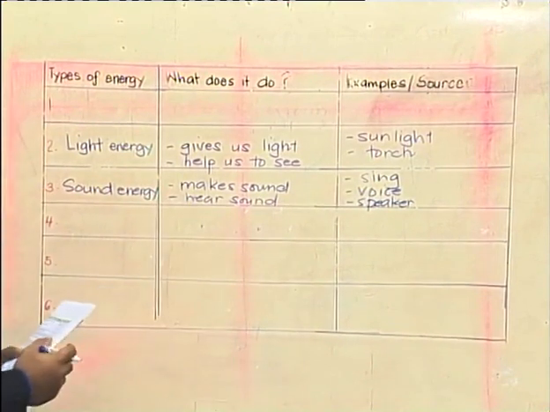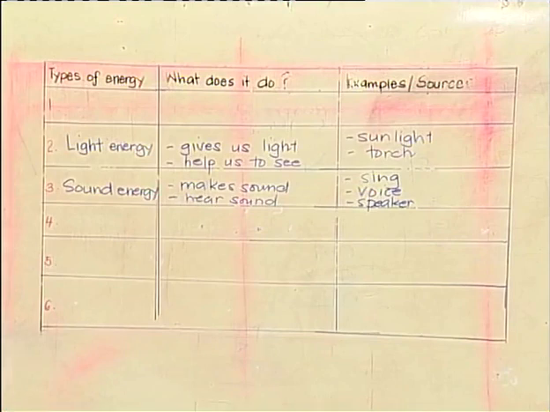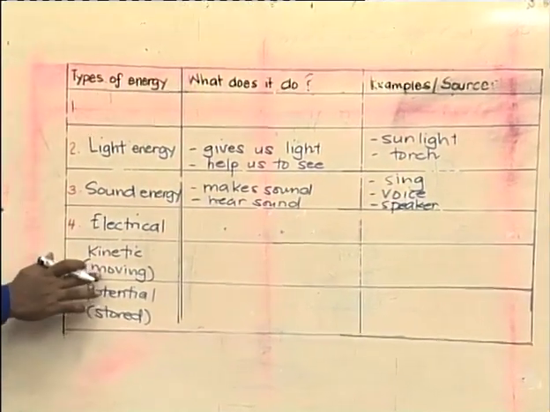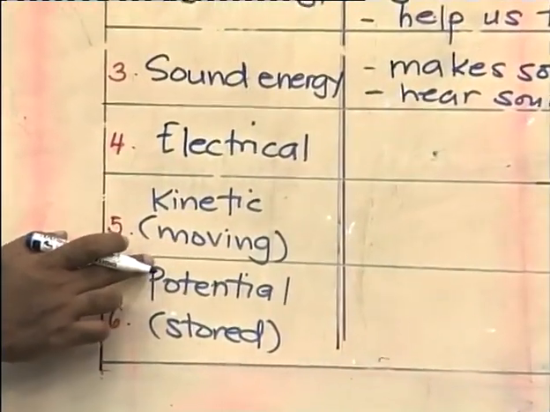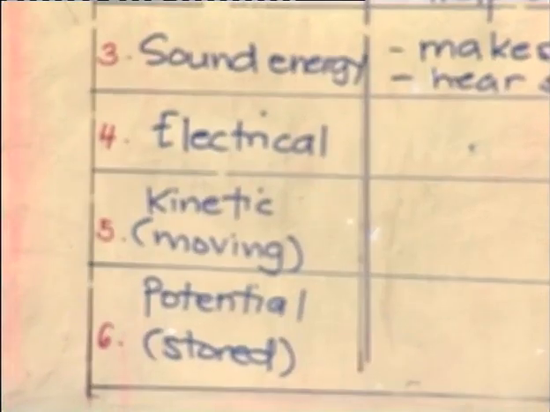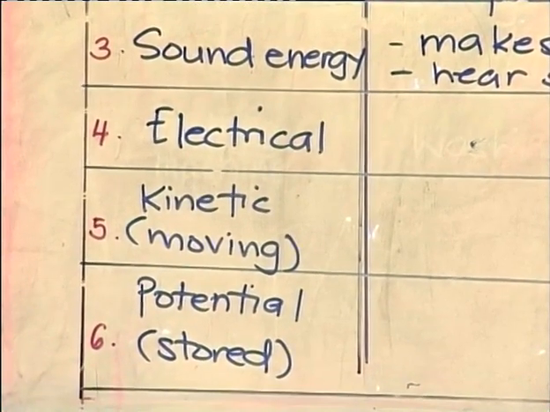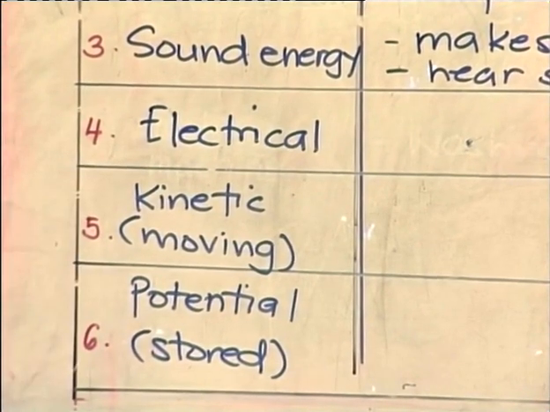Okay, we'll stop there. Let's move on, number 4. What's the other type of energy? Okay, we have number 4, electrical energy. Number 5, kinetic energy. Or, in other words, moving energy. And number 6, potential energy. Or sometimes we say stored energy. So what does electrical energy do?